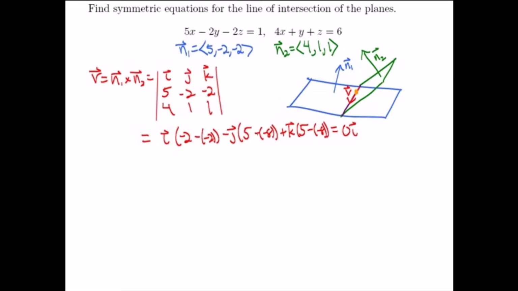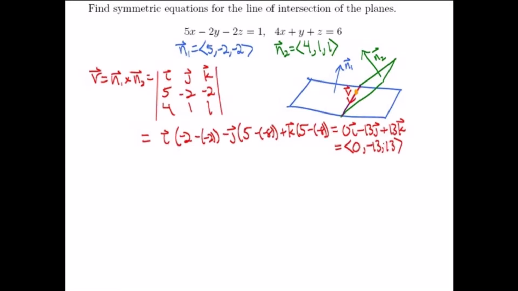And 5 plus 8 is a 13 times a negative j, so minus 13j. And 5 plus 8 is 13k, so plus 13k. And so a vector v that is a direction vector for this line is 0, negative 13, 13.